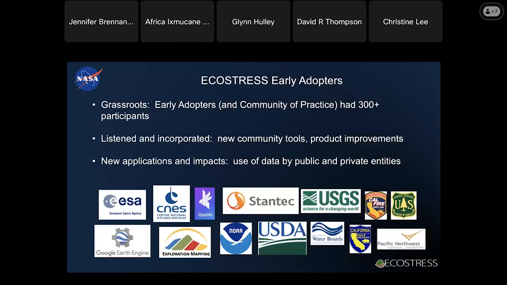And so this might include providing ways for greater collaboration with public and private entities. And so across the bottom are a snapshot of different organizations that we've been able to have the good fortune to work with that span public, private sectors, different levels of U.S. federal government, state government, and so forth.